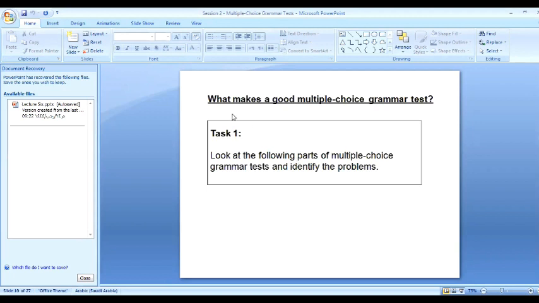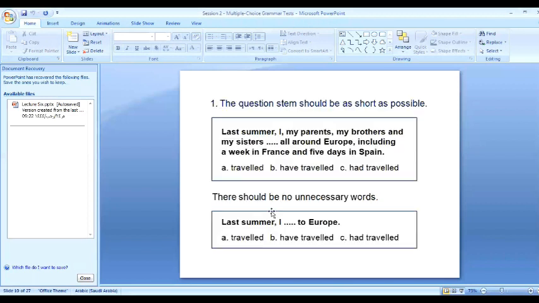So what makes a good multiple choice grammar test? Task 1: let us look at the following parts of a multiple choice grammar test and identify the problems. Number 1, the question stem should be as short as possible.